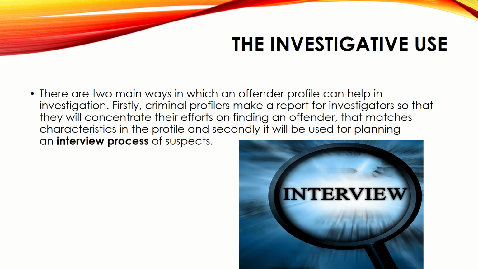So if they've found specific things, like you may have left a bat at the scene, they may ask them, oh, do you like to play baseball, when they're in the interview? And if they say yes, then you would think, okay, well, this person has access to a bat and that sort of thing. So the investigative use is what happens at the end. When you've got your suspects and your profile and you've narrowed down your list of suspects, you can use the information you found at the scene of the crime to try and understand who it is that has committed the crime.